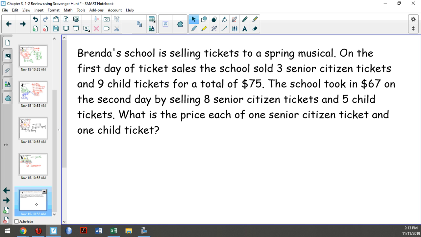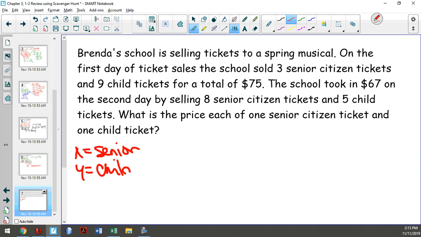Children, good. Brenda's school is selling tickets to a spring musical. On the first day of ticket sales, the school sold 3 senior citizen tickets and 9 children or child tickets for a total of $75. What's my first equation? I have 3x plus 9y is equal to 75. That's my first equation.